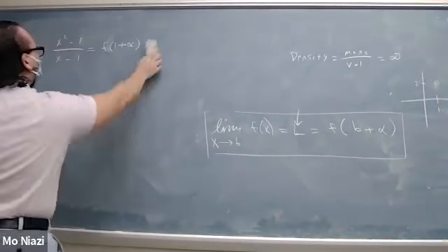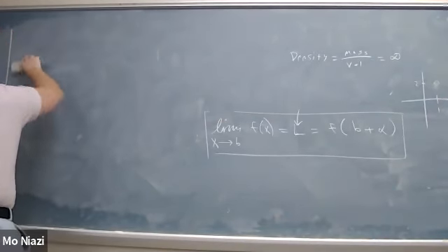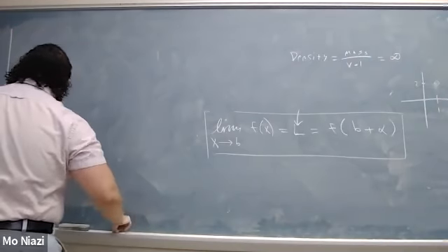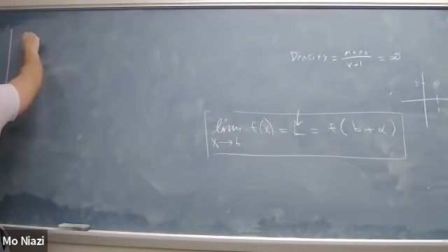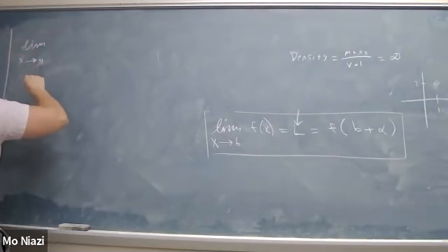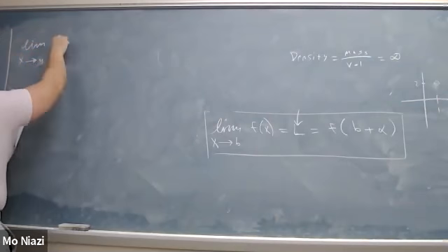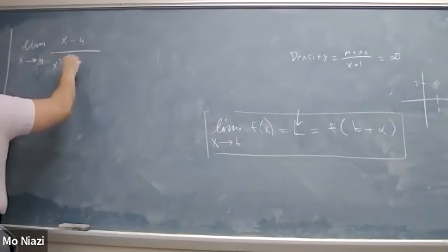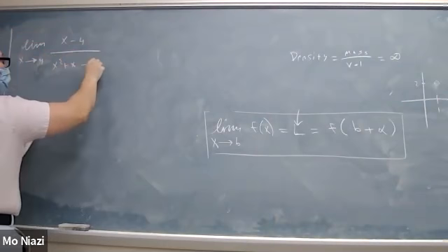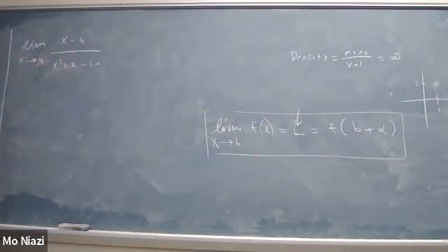Let's practice taking another limit. How about the limit as x approaches 4 of x minus 4 over x squared plus x minus 20. Notice what happens when we plug in a 4 right away.